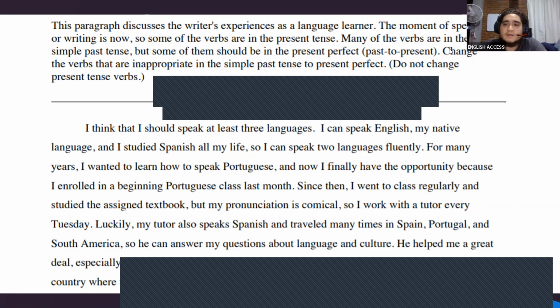Many of the verbs are in the simple past tense, but some of them should be in the present perfect, which is past to present. Change the verbs that are inappropriate in the simple past tense to present perfect. Do not change present tense verbs. Are the instructions clear?